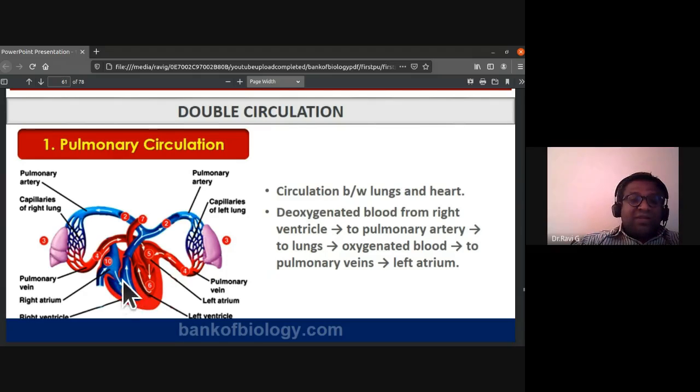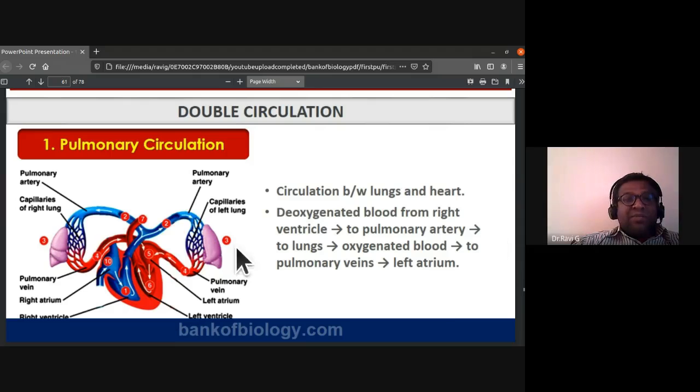Deoxygenated blood from the right ventricle is carried through the pulmonary artery to the lungs. The left and right pulmonary arteries carry the blood to the left lung and right lung respectively. From the lungs, the oxygenated blood is brought by the right and left pulmonary veins to the left auricle.